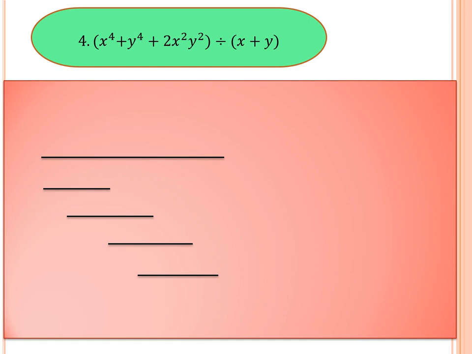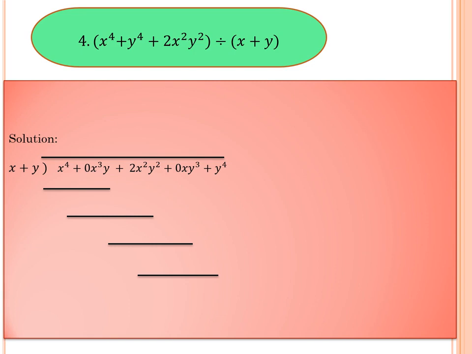Okay, for our example number 2, given this expression, to solve this one, we're going to arrange the dividend by descending order. Okay? So, yung first variable natin, which is x, dapat descending order siya. And yung second variable natin na y, dapat ascending siya.